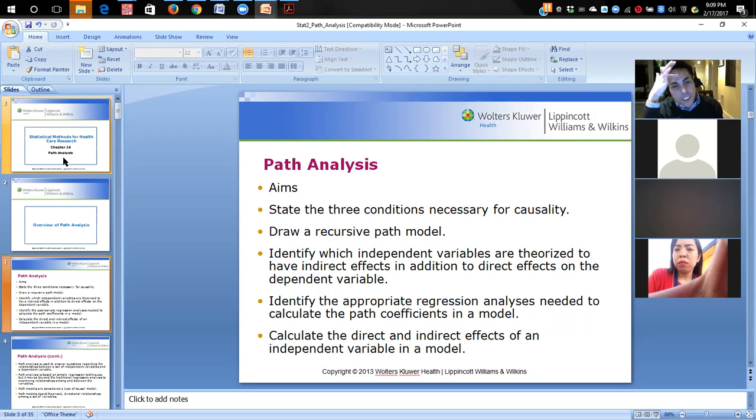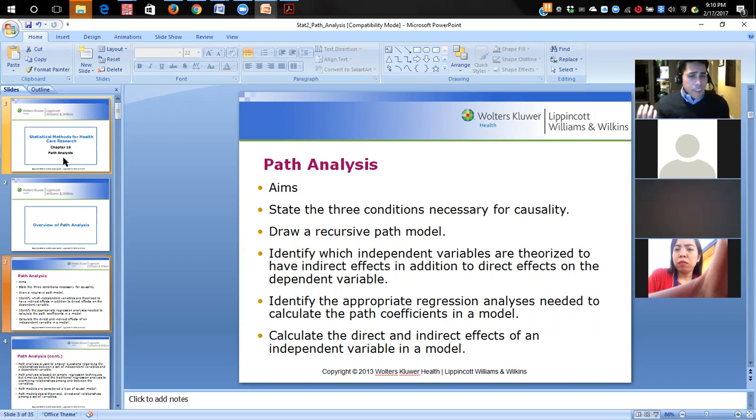I looked at the dictionary again to see what recursive means. Recursive is circular, but what it says in path analysis is that this is a recursive path model because it cannot be circular. And that's why it's called a recursive path model.